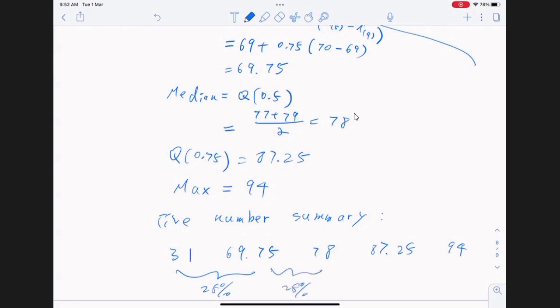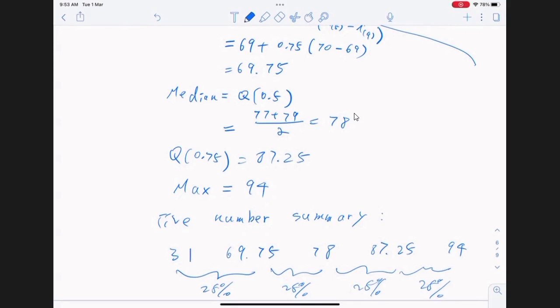And 78 is the median, so we have 50% of the data fall below it. So in other words, there will be another 25% of data within this range. So this will provide some cut-offs in the data set, partitioning the data into 4 equal parts. So that's the idea of calculating the 5-number summary.